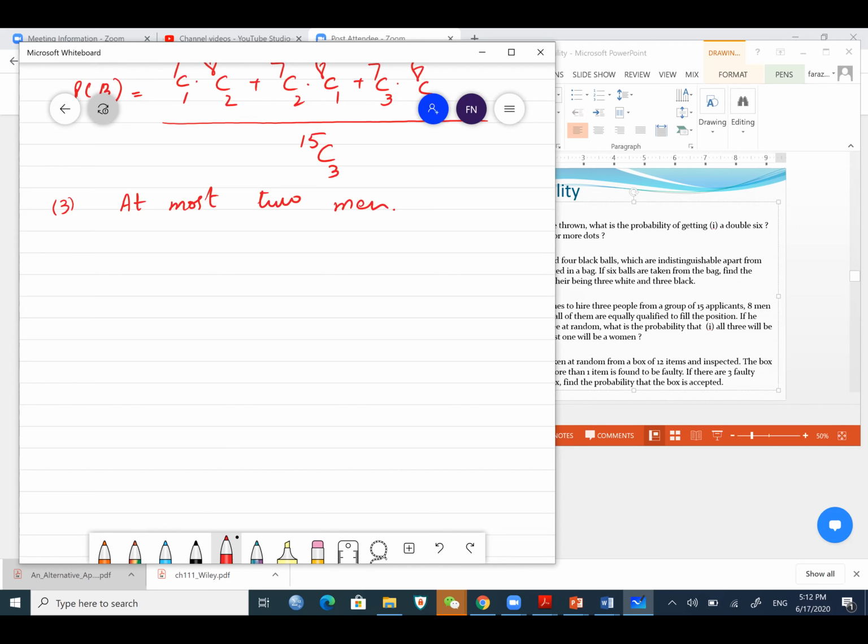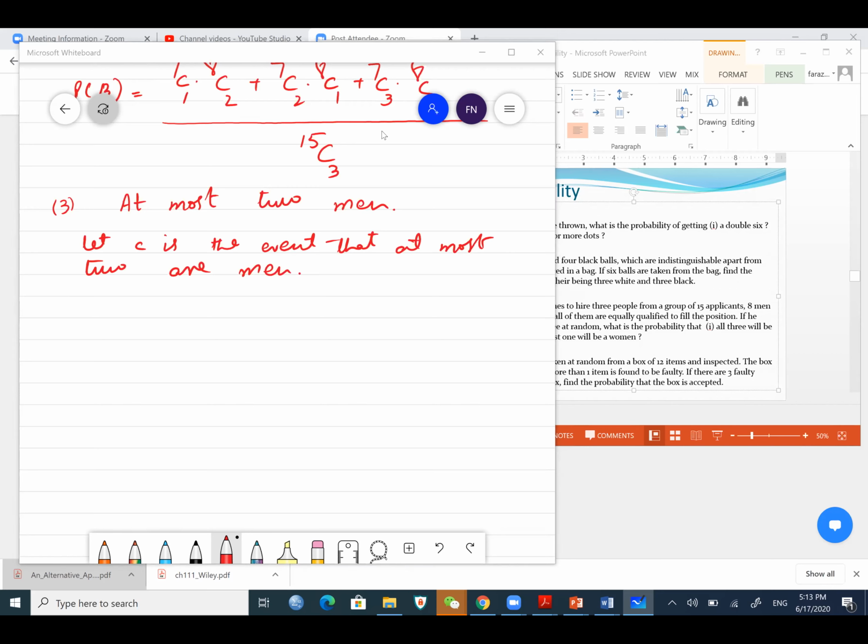So let C be the event that at most 2 are men.